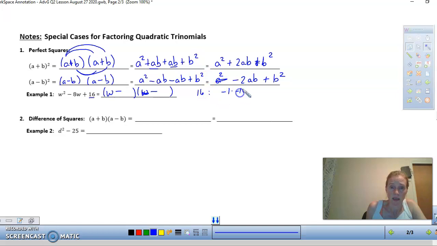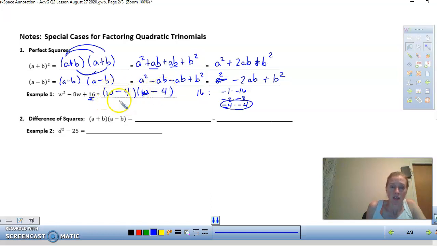Negative 1 times negative 16, negative 2 times a negative 8, and negative 4 times a negative 4.